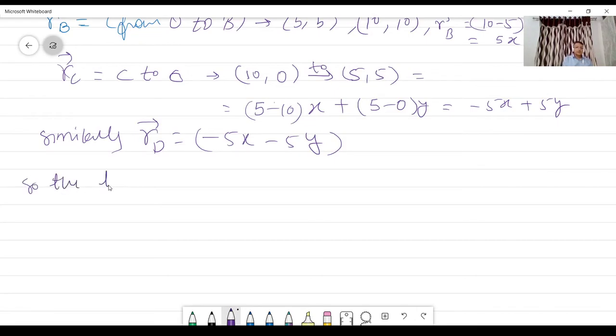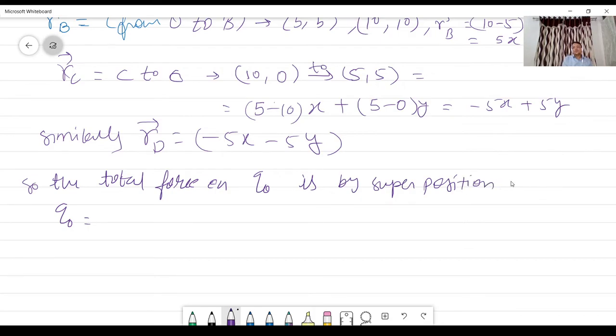The total force on Q naught is given by the superposition principle of Coulomb's law. I can write Q naught equal to FA plus FB plus FC plus FD.